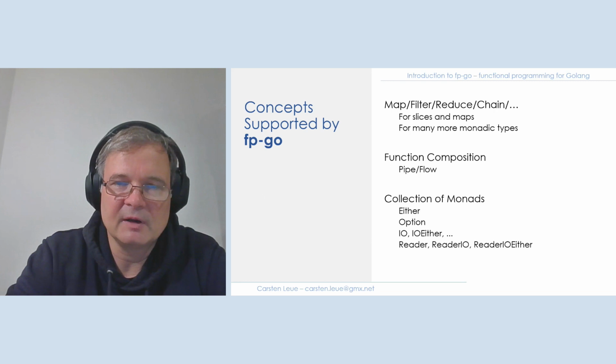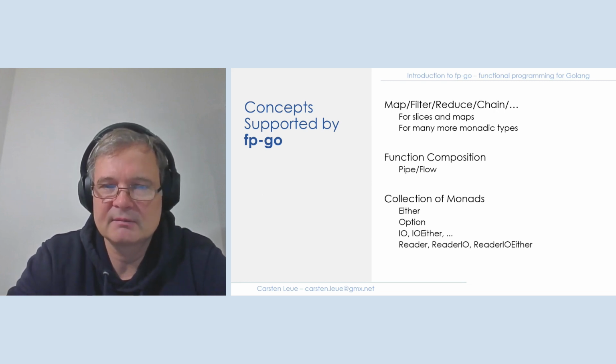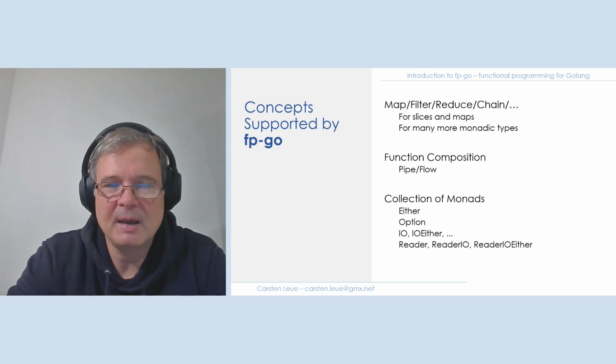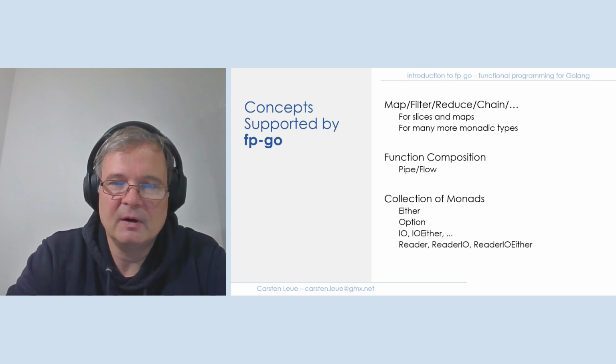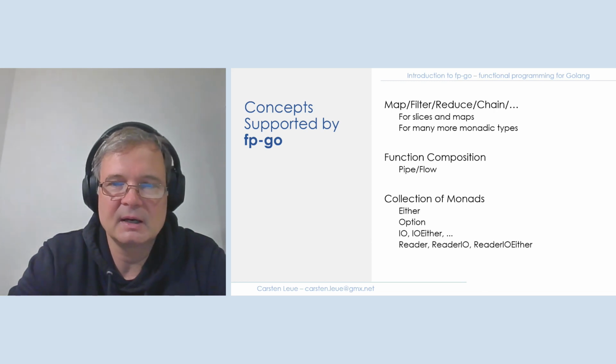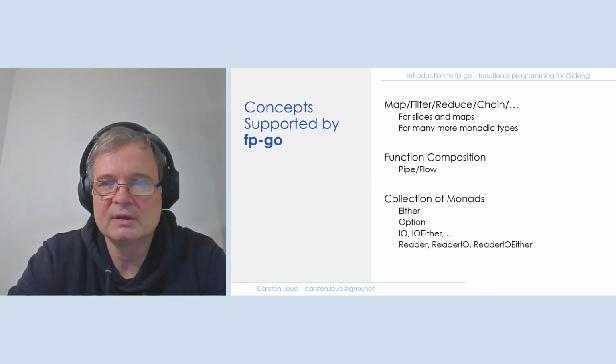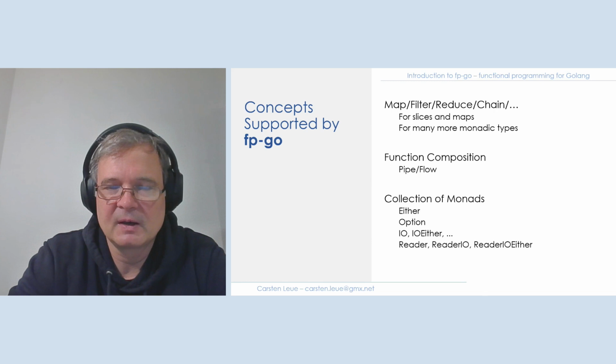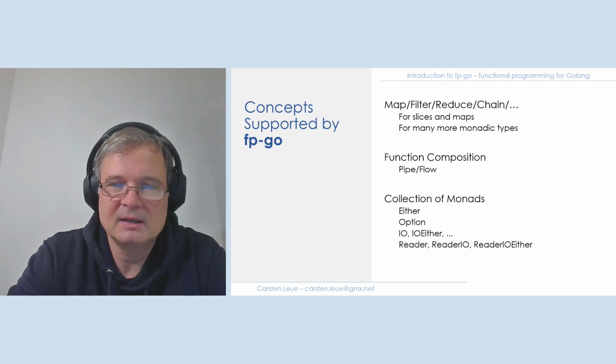For example, we have these functions, of course, for built-in data types such as slices, which are the concept of arrays in Go, and maps, which are records in Go. But we also have them for data types that this library introduces, such as the IO data types, either, option, readers, and so on. So for every data type, you find a common set of recognizable functions.